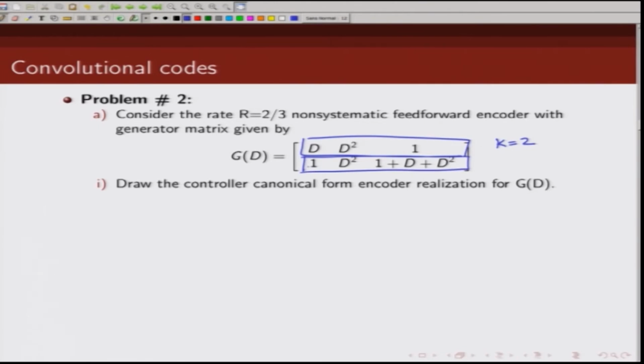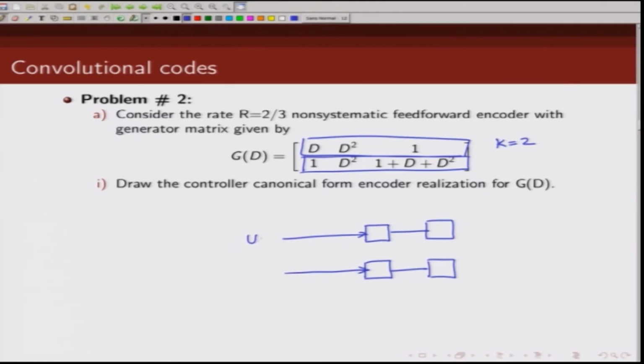Now, what should be the maximum memory for each of these shift registers? You can see here the maximum power of D is 2. So, we should have 2 memory elements for the first input. Similarly, for the second input also we should have 2 memory elements.